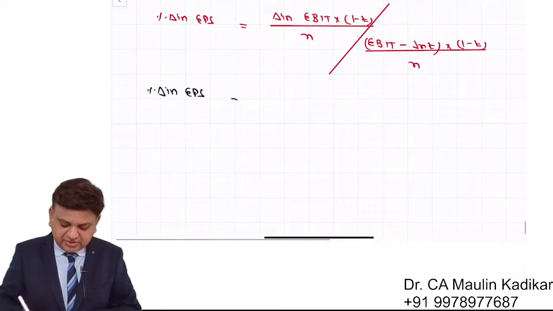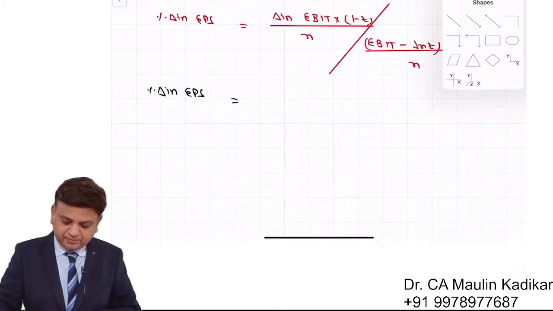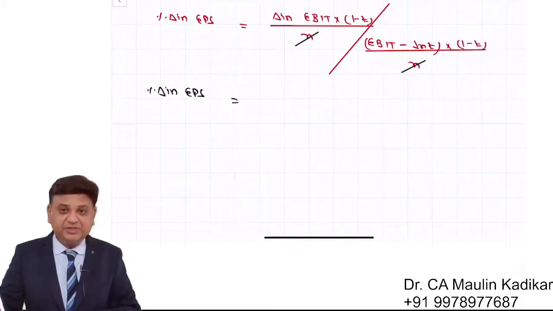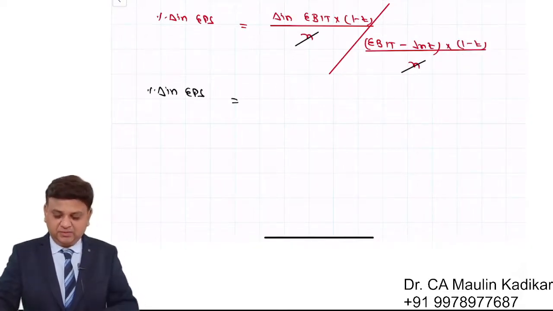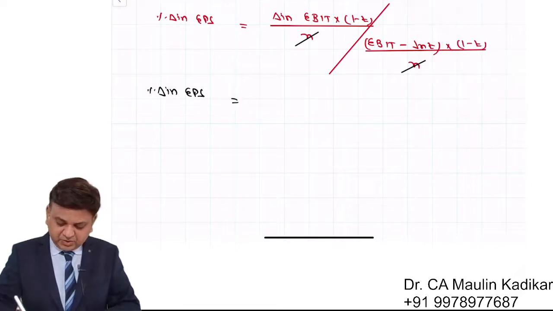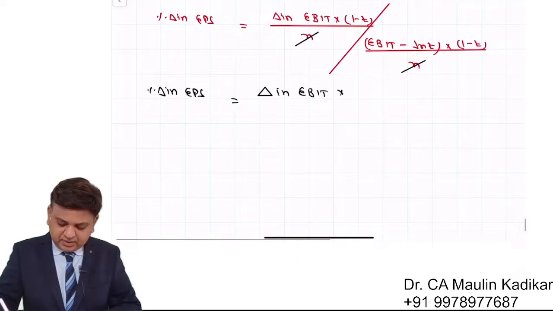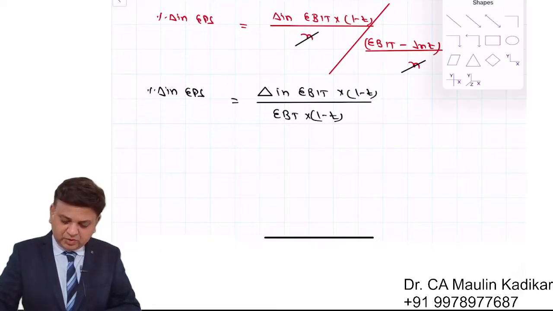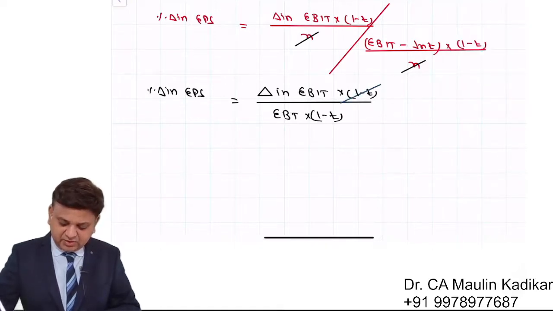So percentage change in EPS is equal to this number of equity shares and this number of equity shares will be cancelled against one another. So we have change in EBIT into 1 minus T, divided by EBIT minus interest is EBT into 1 minus T. So this 1 minus T is cancelled over here and 1 minus T is cancelled over here.